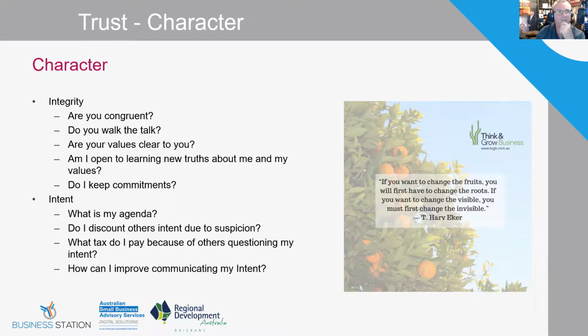So integrity is driven by behaviors and values. Integrity is what people see. You can tell them as much as you want that you've got integrity, but they're not going to believe it until you show them. So your actions are the key, and your actions must align with your words.